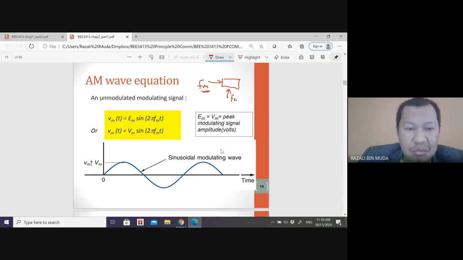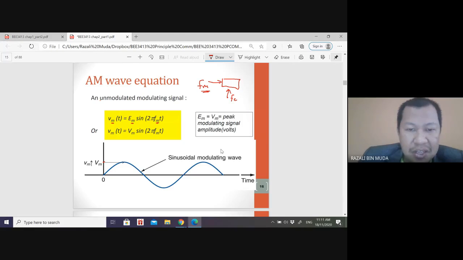So kalau modulating signal semua M, VM, EM, FM. Apa ni? M is meaning modulating. So VM is instantaneous value, nilai dia pada masa T. EM besar ni, capital is the amplitude.